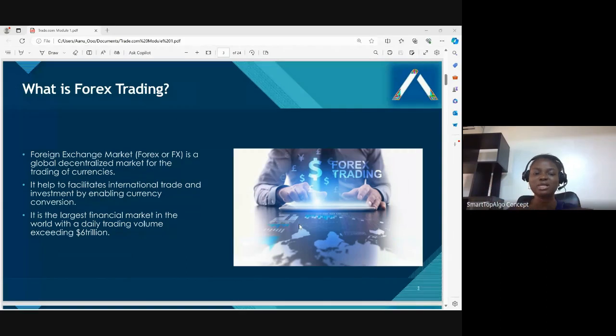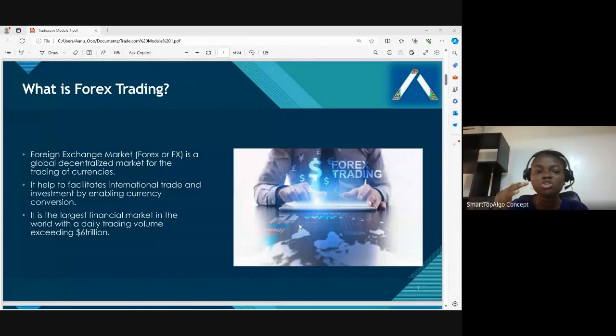Let's look at the opposite of decentralized, which is centralized. When we say centralized, it means that there's a point at which everybody needs to meet. Let's say we have this phone, and we have different channels to this phone. That phone becomes the central point linking the different channels.